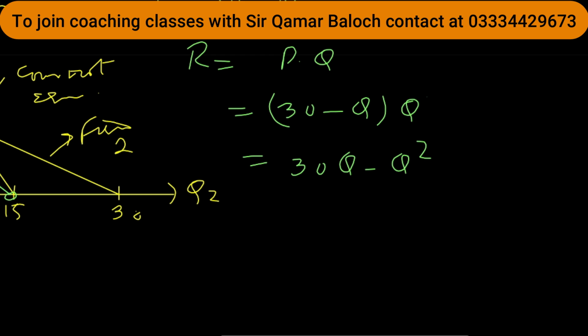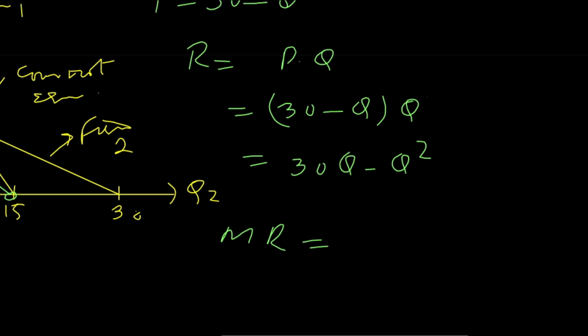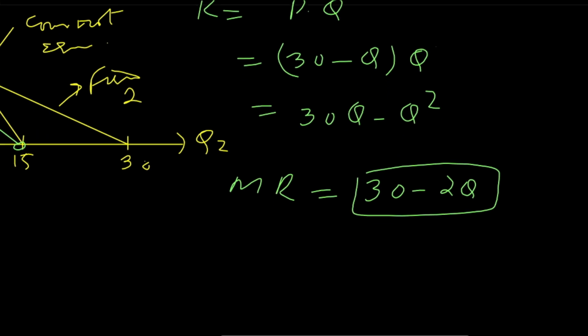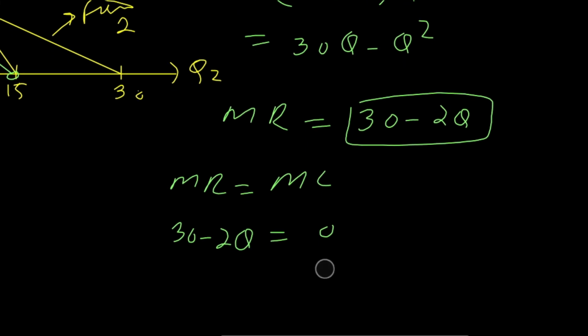And now we have to find the collusive marginal revenue. To find marginal revenue, we take the derivative with respect to Q, and that will be equal to 30 minus 2Q. So this is the marginal revenue, and we have to equate marginal revenue and marginal cost to find the profit-maximizing output. Marginal revenue is 30 minus 2Q, and marginal cost we have already defined as equal to 0.